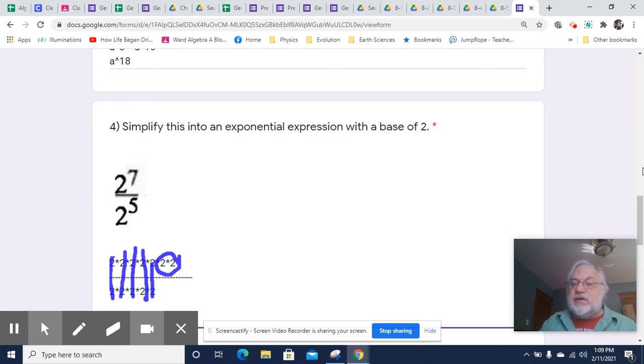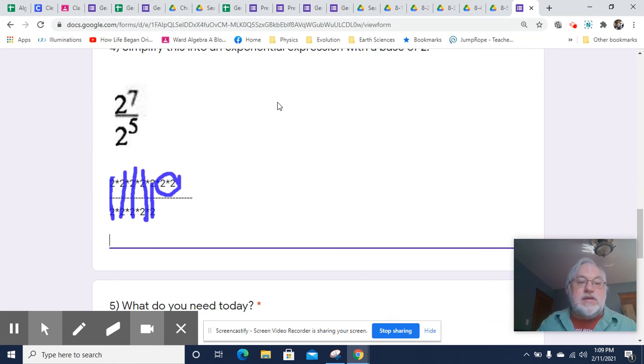So since this is division, fraction bar means division, this is 2 to the 7th divided by 2 to the 5th. Instead of adding exponents, we subtract the exponents. So it's 2 to the 7 minus 5 power, which, let's see, I've got 7 here, and I took away 5. I'm leaving 2 factors of 2. So that's 2 to the 2nd power.